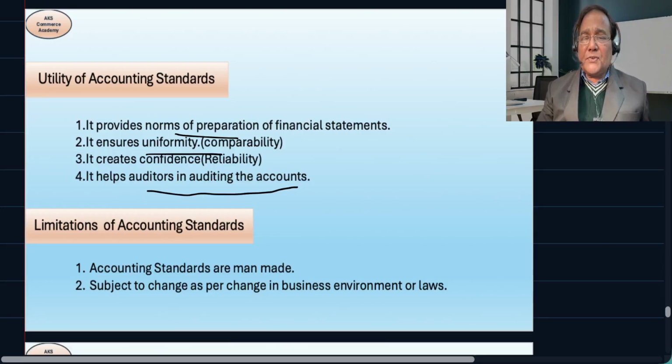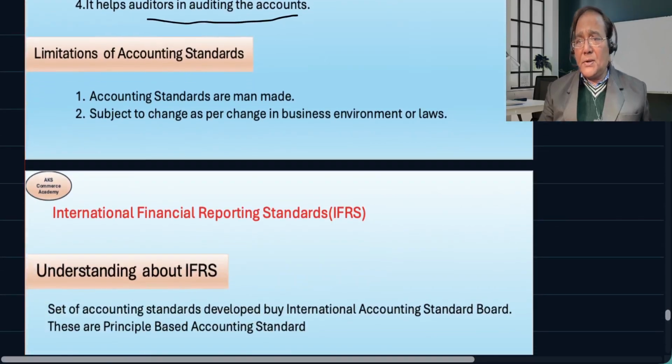So limitations also, nothing is free from limitations. So we'll see this limitation of accounting standard: accounting standards are man-made. So there is always possibility of human intervention depending upon his or her interest. So he may do so, but with proper supervision and observation, it can be eliminated to a larger extent. Subject to change as per change in business environment or laws.